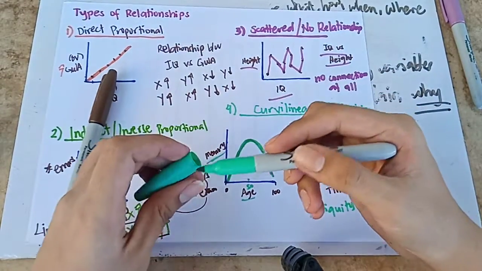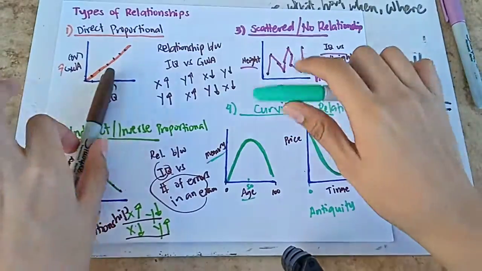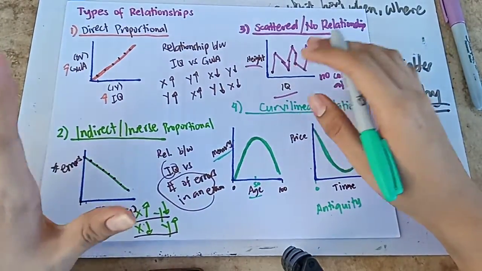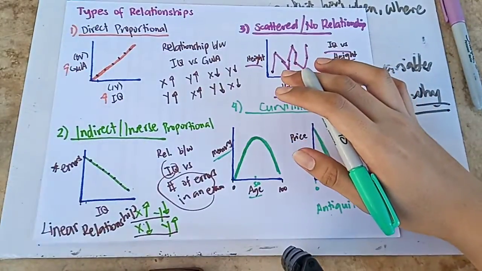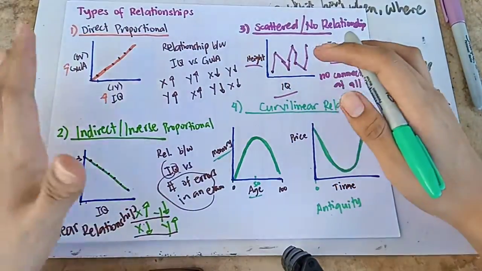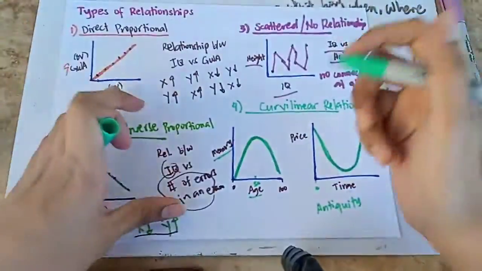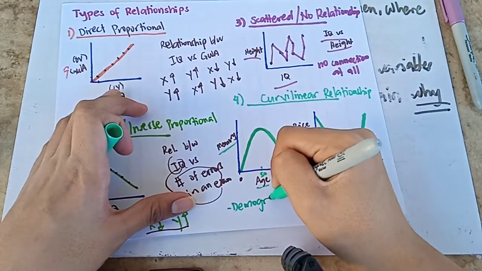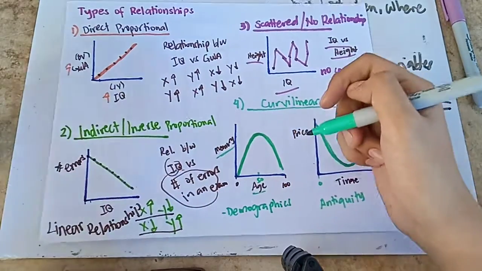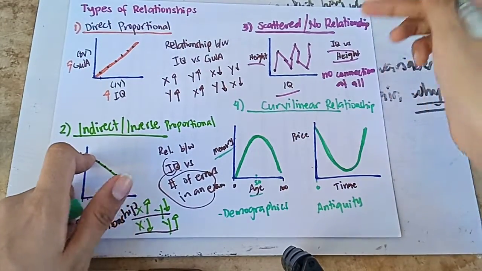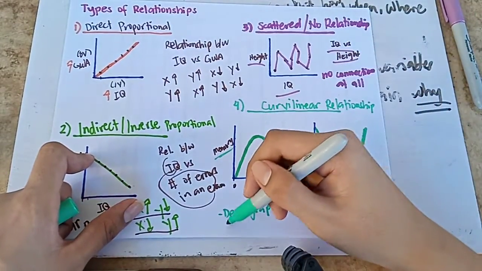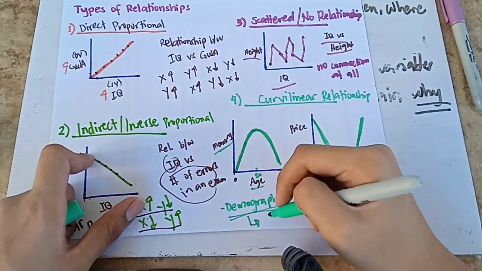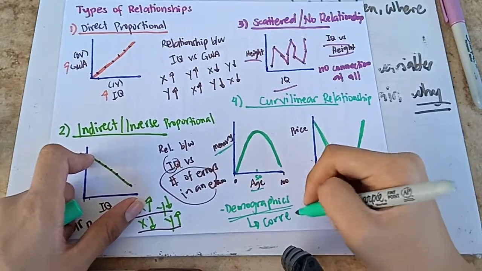So that will be the main types of relationships when it comes to descriptive research. Now, these graphs are used to show demographics. The graphs of direct proportional, inverse proportional, no relationship, and curvilinear are used in demographics. And demographics is used in correlational research.